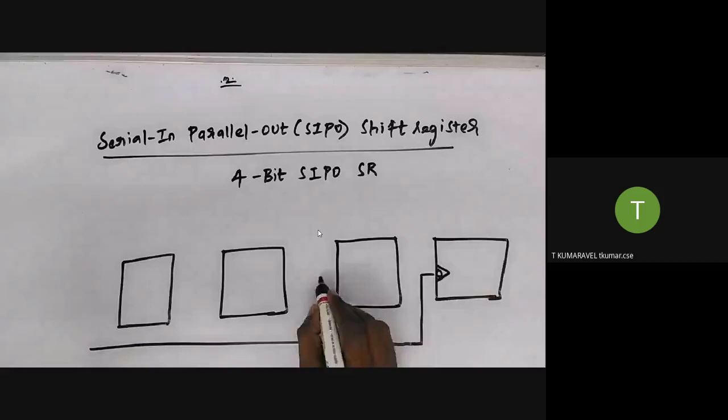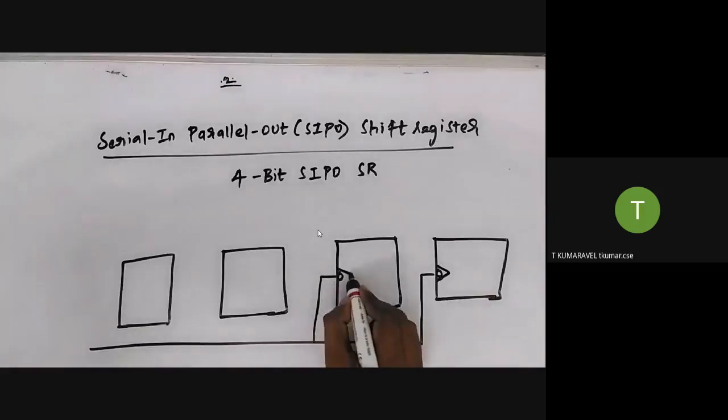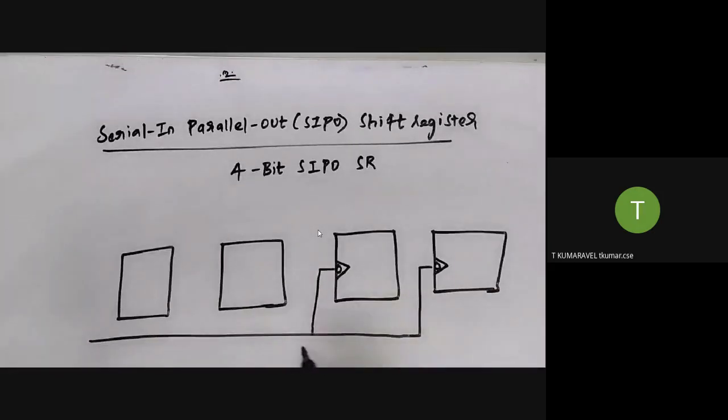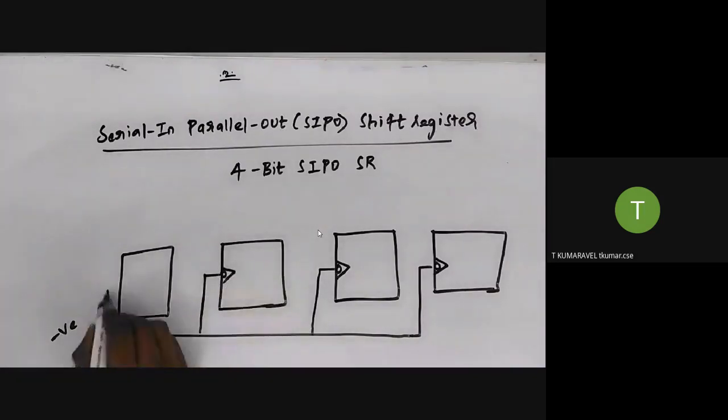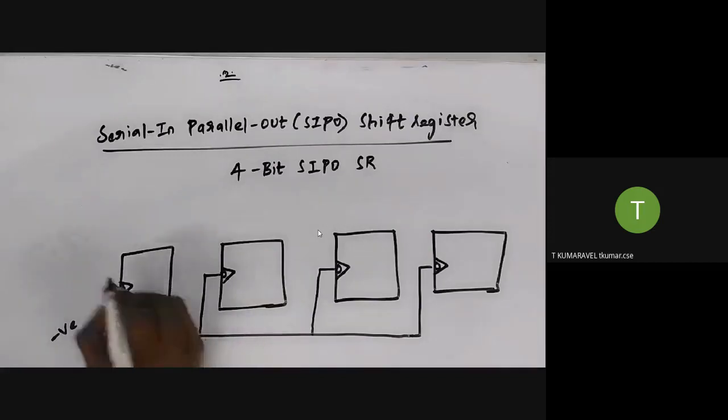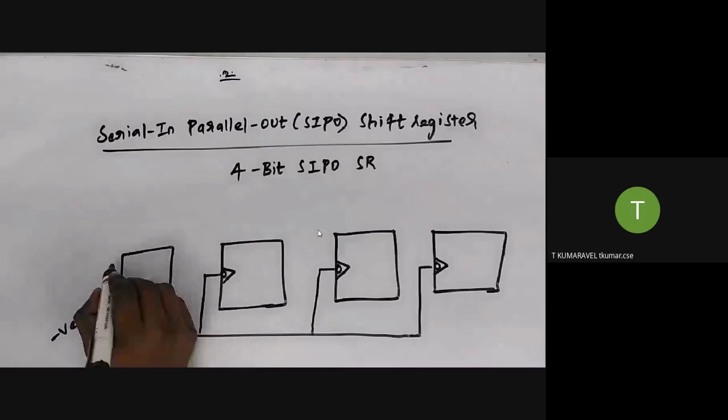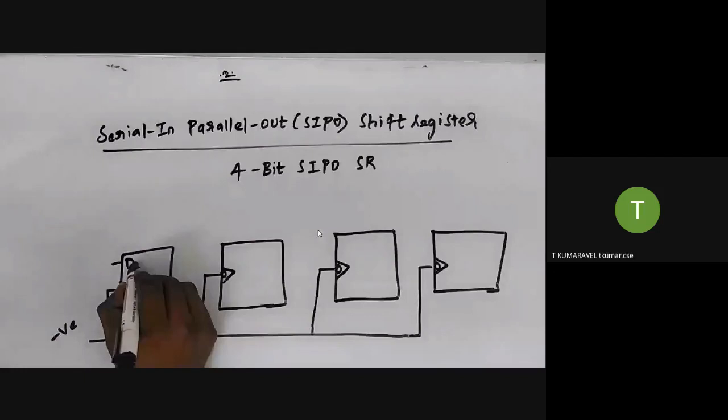Now, in this instance, I am going to take a negative clock, or any one of the clocks, either positive or negative. In all the cases, it operates in a smooth manner. The clock is not a problem. Then each flip-flop produces an output.